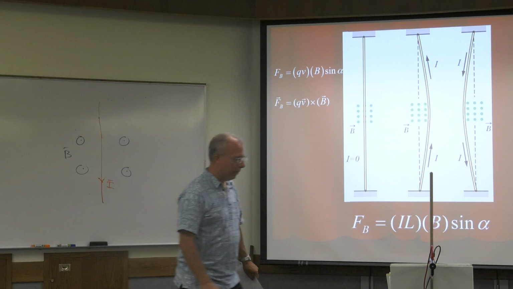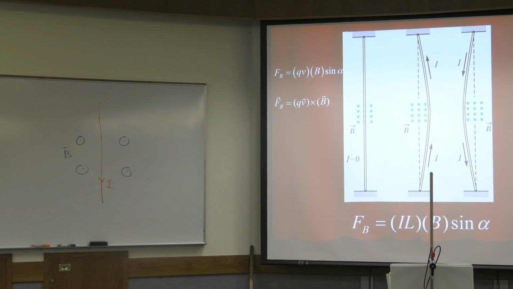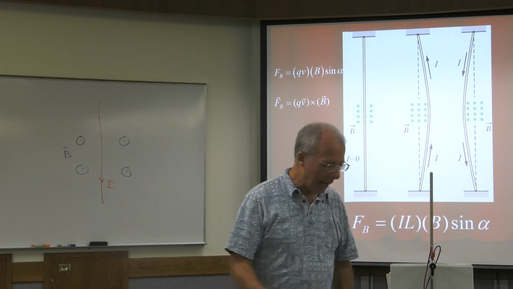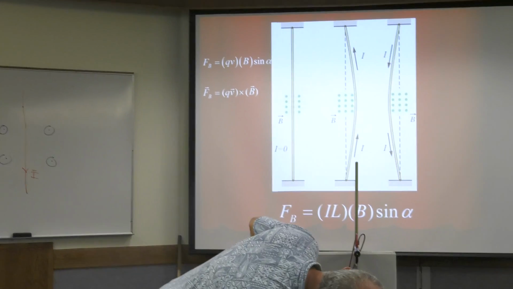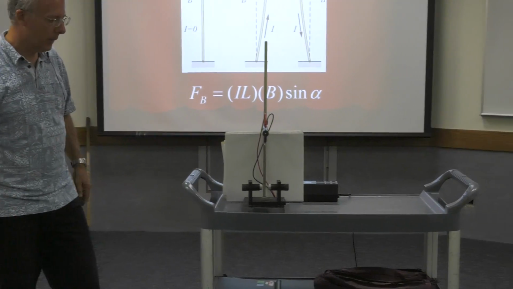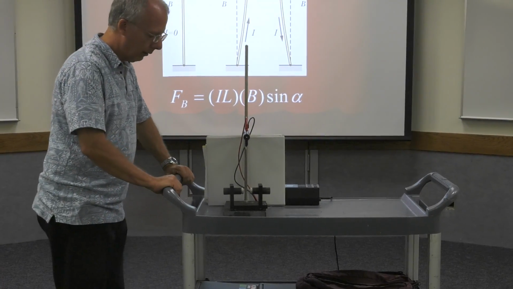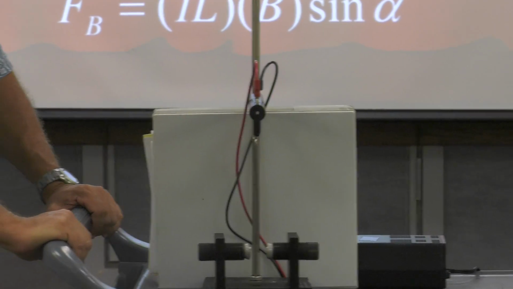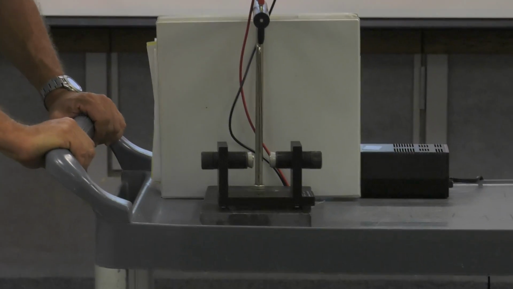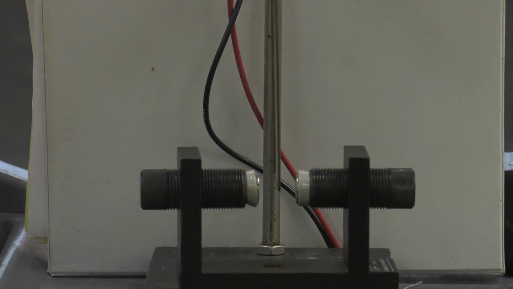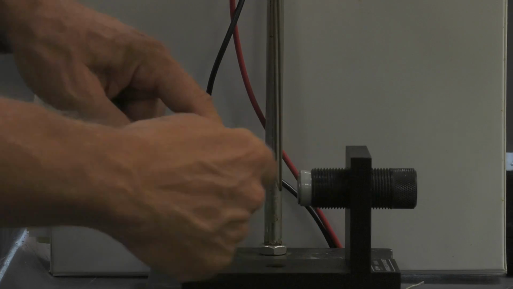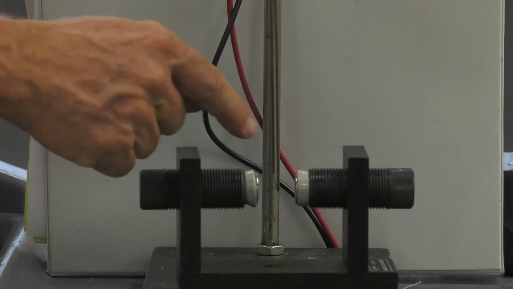Okay, let's do a little demonstration. I'll show you this. So here we have a magnet, and this is a piece of wire.